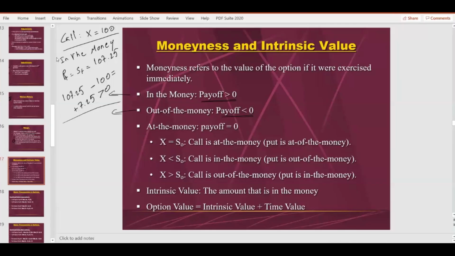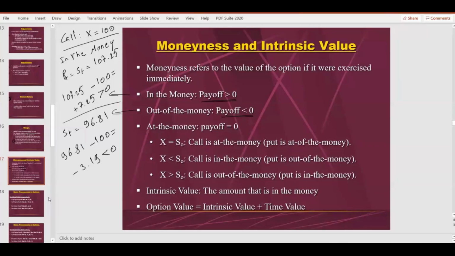Let's say for the same strike price X equals 100, if ST was 96.81, in this case, if I exercise the option and buy at 100, I need to sell at 96.81. In this case, the payoff is going to be negative, so minus 3.19, less than 0.